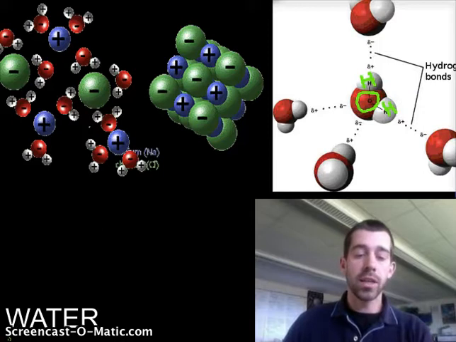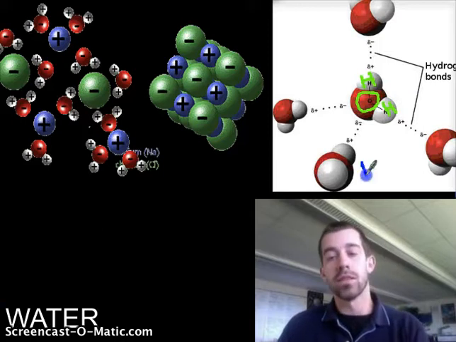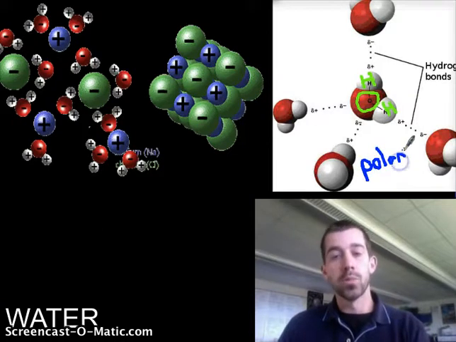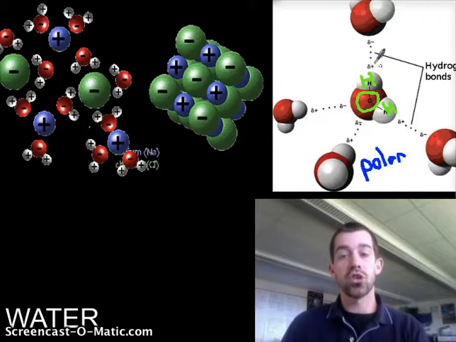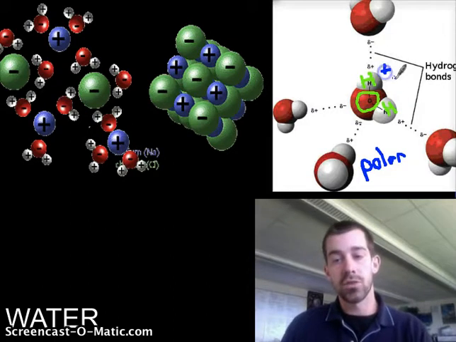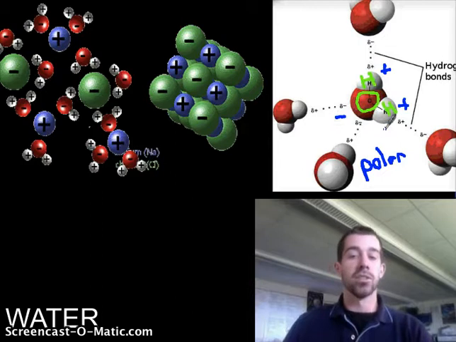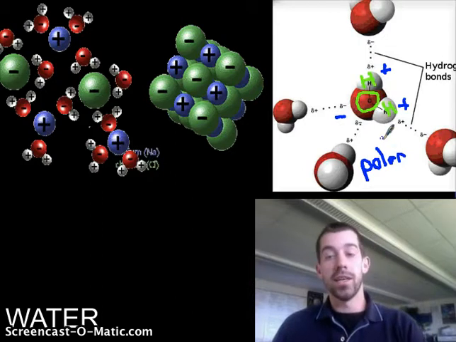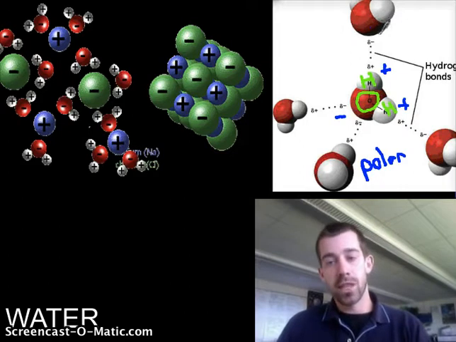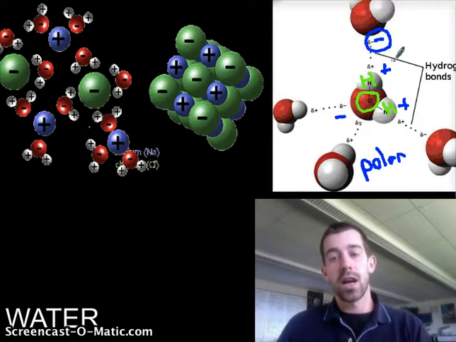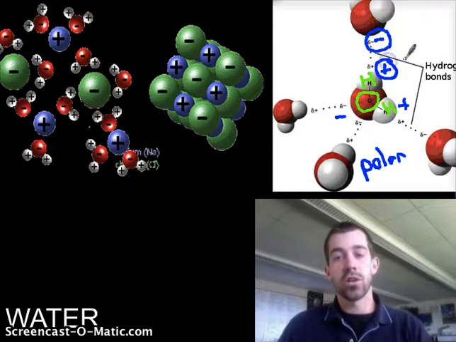Now, water is a polar molecule. Now, it's polar because it has a slight charge. It has a slight positive charge by the hydrogens, and it has a slight negative charge by the oxygens. Now, I don't know if you remember this, but opposite charges attract each other. So that means the slight negative charge of this oxygen is attracted to the slight positive charge of this hydrogen.